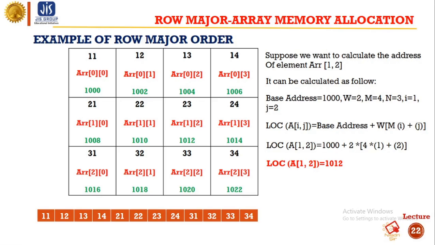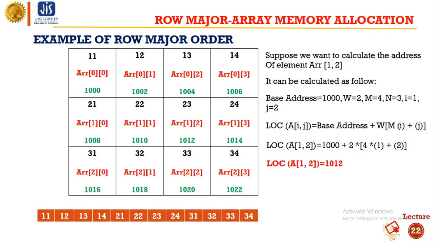We will calculate it as follows. The base address is 1000, the value of W is 2, that means each element will take 2 bytes of space.